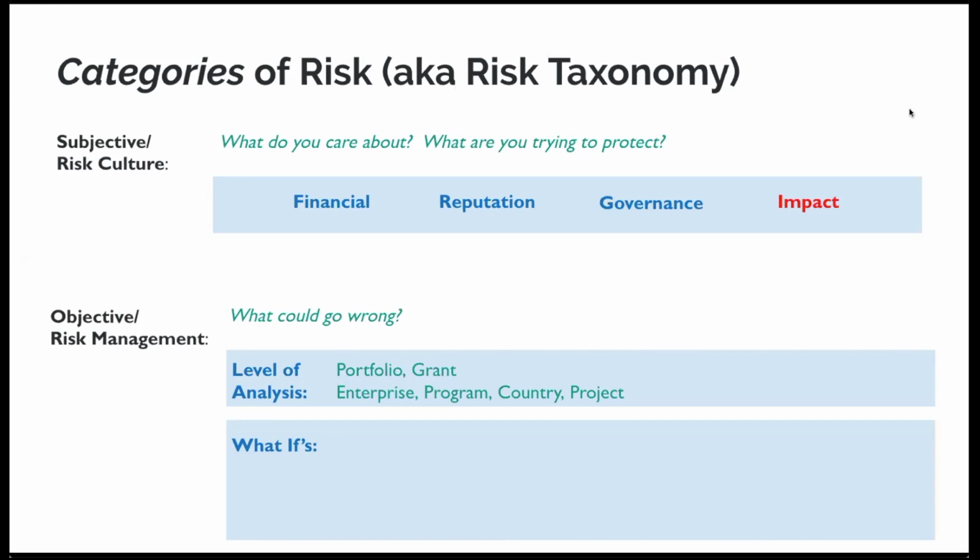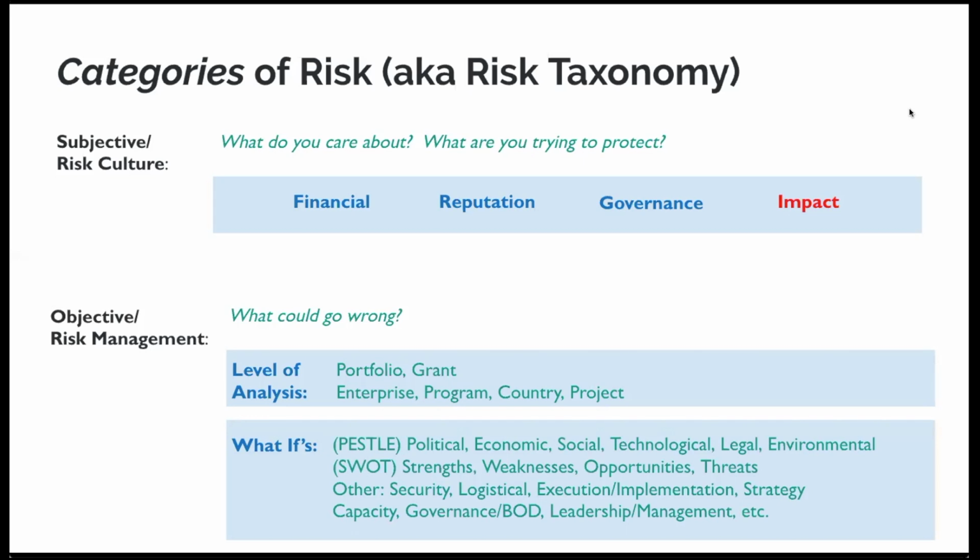Another way to start thinking about the subjective side of risk, once you've picked your level of analysis, is to start looking at the what ifs, what could go wrong. And here there are a number of existing rubrics that we can draw on to inform what our list of risks or our categories of risk might be. Some of these you are probably familiar with.